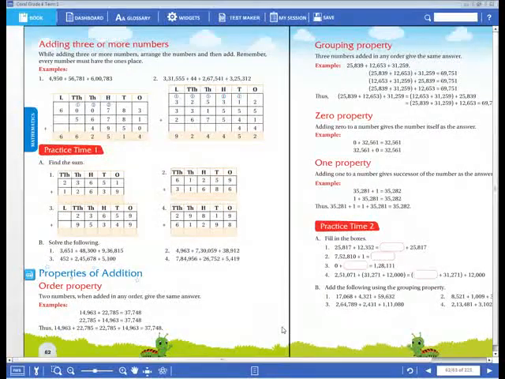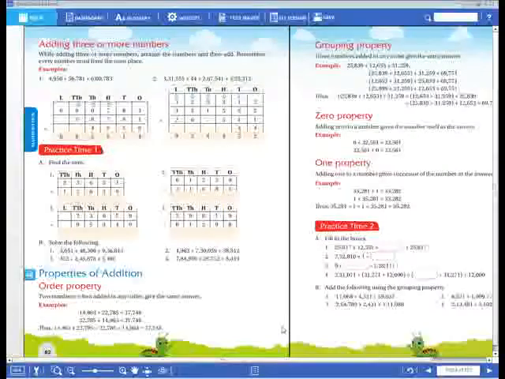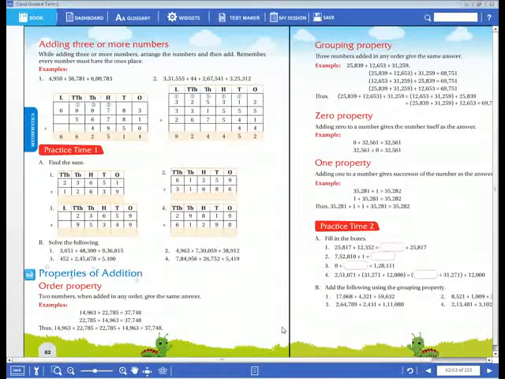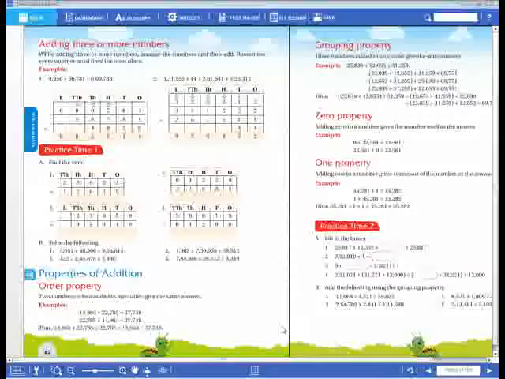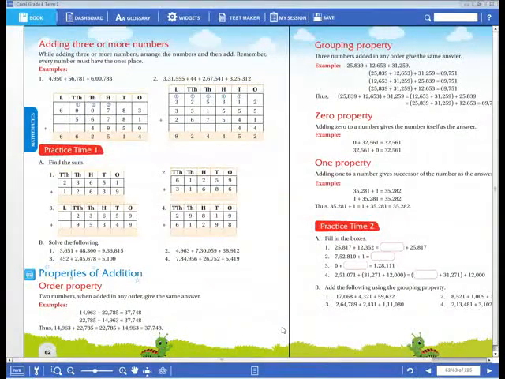Please also write down an example: 0 plus 4 is equal to 4 only, or 4 plus 0 is also 4 only. Yes or no? Copy the example in your notebook.